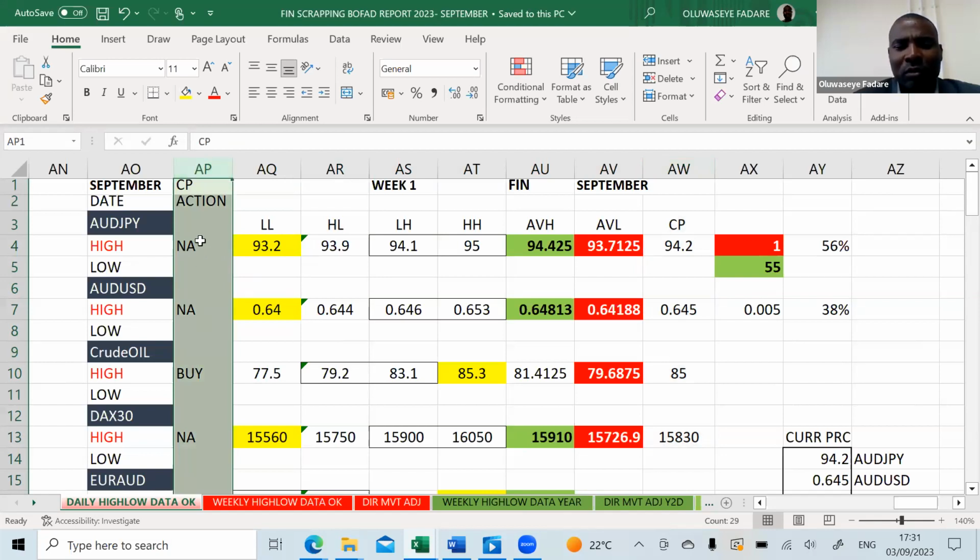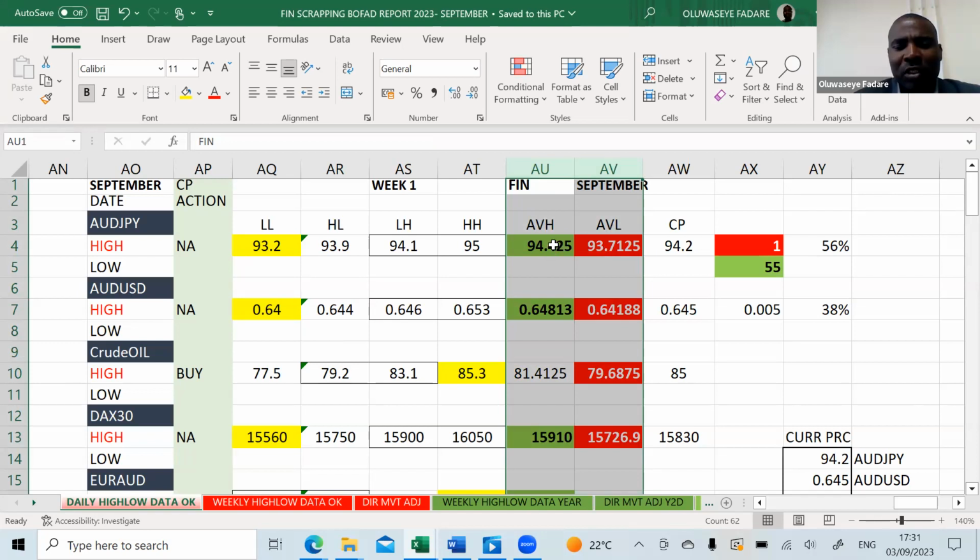For NA, it means not available. What not available means is that we should focus on our AVH and AVL. Anytime we have a not available, that means we should focus on this. So how do we focus on this?